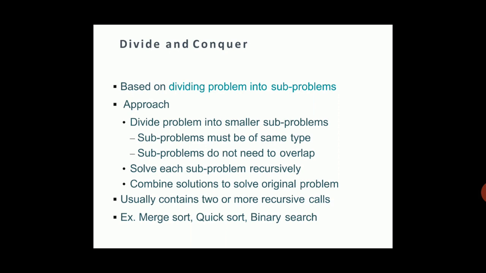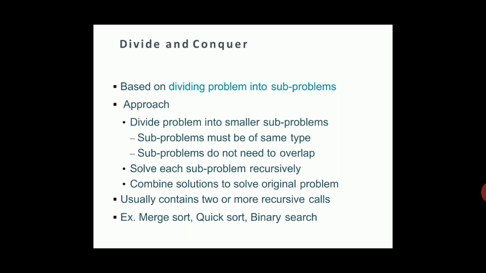Then to find the solution, we combine all the sub problem solutions into a single solution, and the whole original problem is solved. This is the main approach of divide and conquer. It is based on dividing the problem into sub problems.